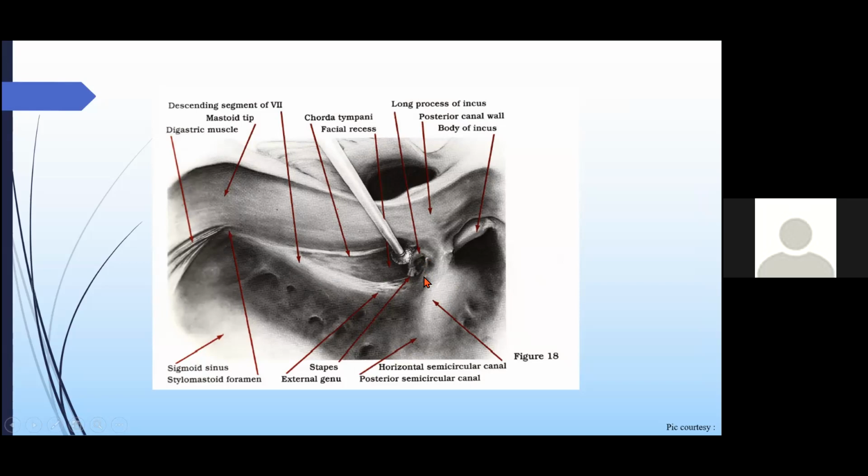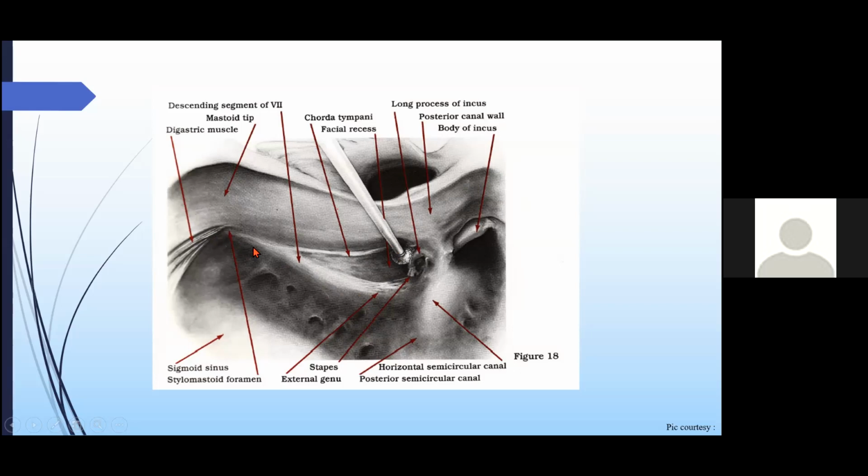So it lies inferior and medial to the horizontal semicircular canal, and anterior and medial to the posterior semicircular canal, which will be here. Approximately 2.5 millimeters of distance is there. So these are the superior landmarks for the mastoid segment of the facial nerve, and this facial nerve then follows the same course as the posterior canal wall.